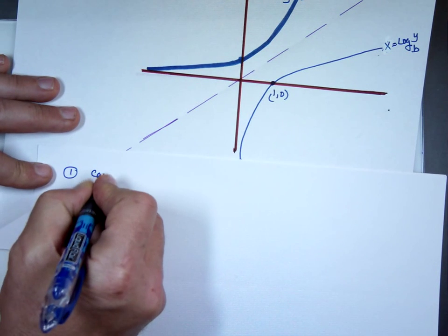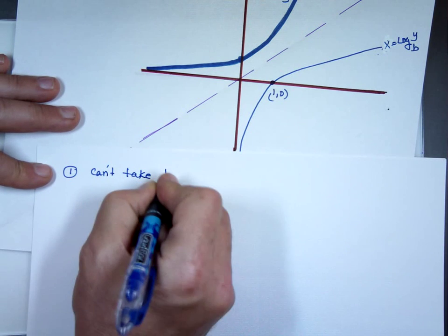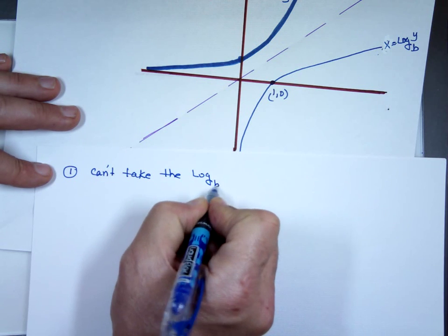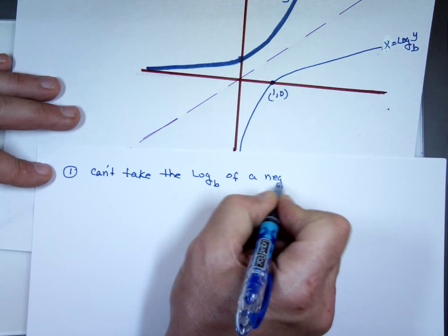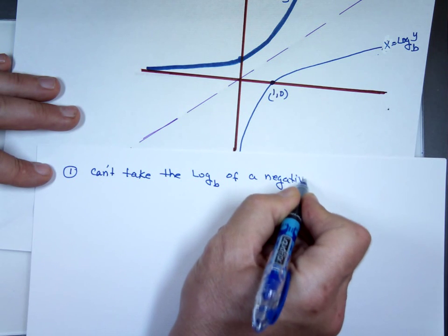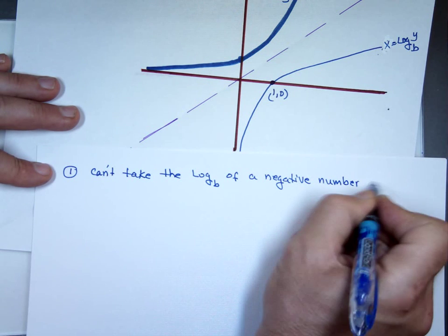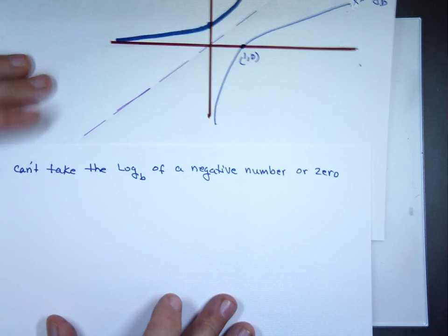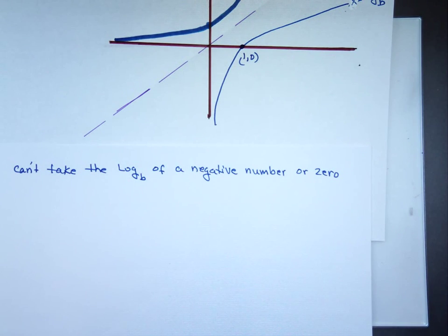Can't take the log, doesn't matter what the base is, of a negative number or 0. Does not exist. That picture tells you my domain is to the right of the y-axis. That's rule number 1.